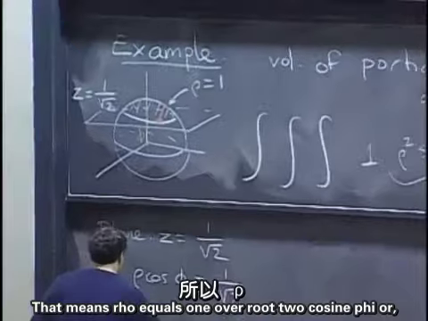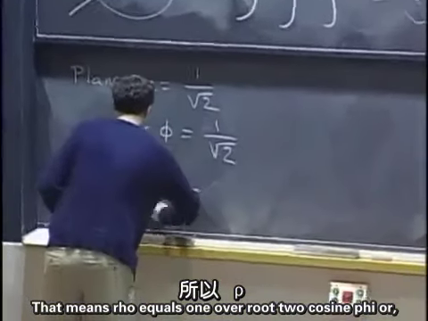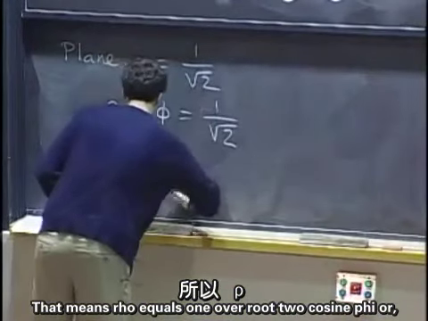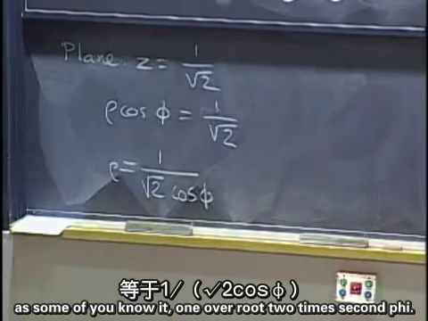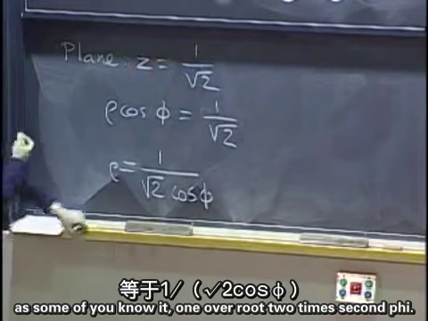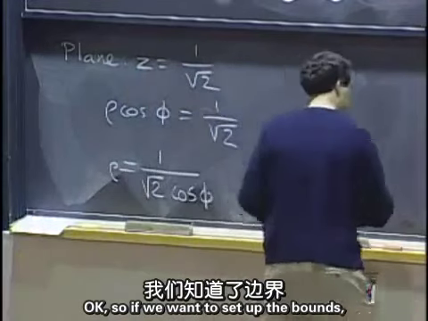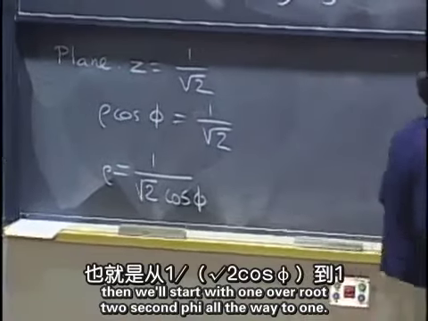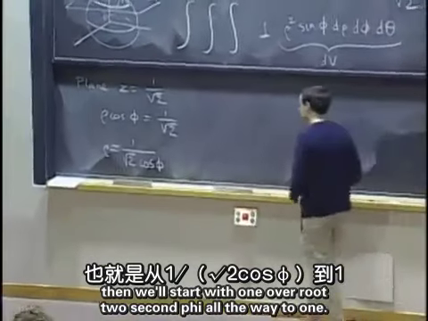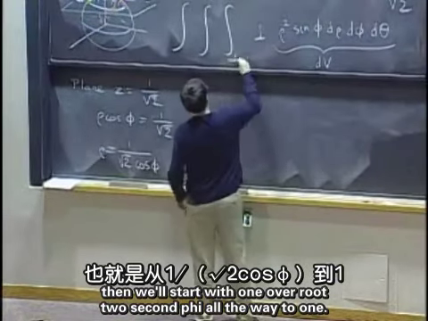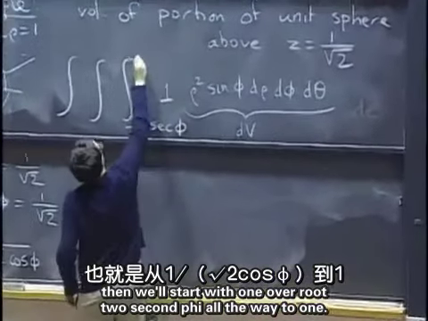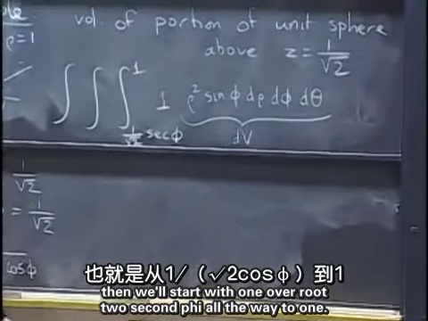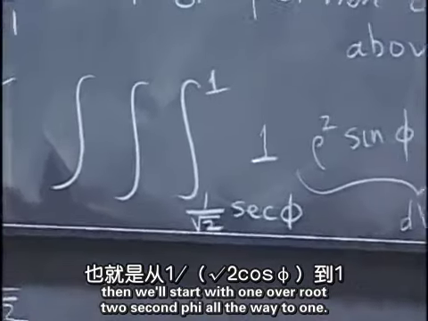That means rho equals 1 over root 2 cosine phi, or as some of you know it, 1 over root 2 times secant phi. Okay, so if we want to set up the bounds, they will start with 1 over root 2 secant phi all the way to 1.